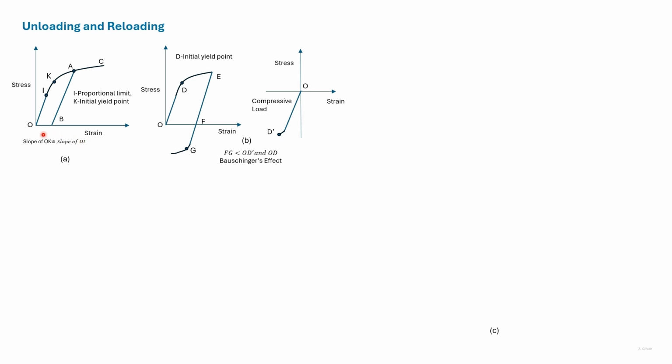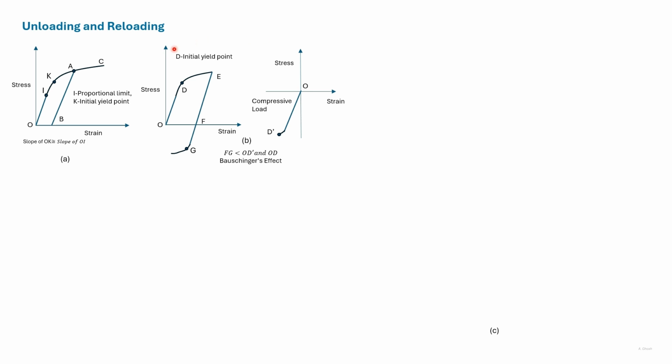So the stress-strain point will start from O, and move through I to K, A and C. Here we have only loaded the element. I is the proportional limit and K is the yield point. Now we can see that the stress-strain point A has some plastic strain since it is past the yield point.